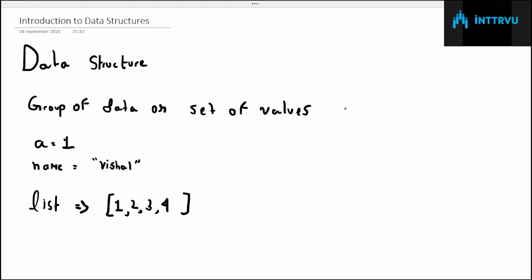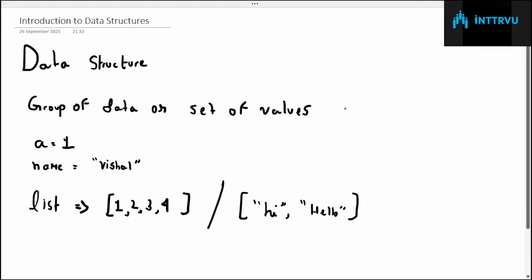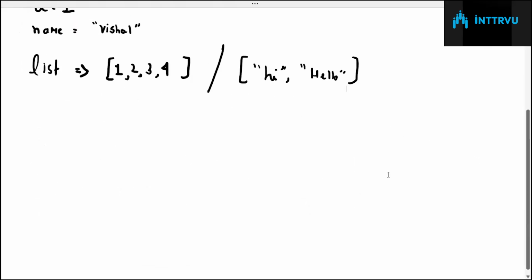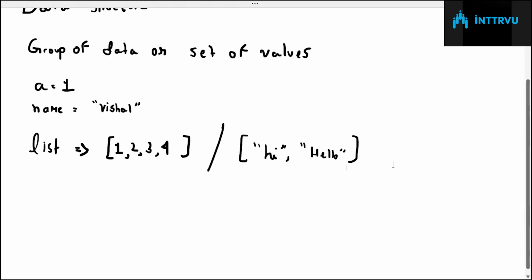Or you can store a bunch of strings like hi, hello, whatever, right? So that's the main difference between a variable and a data structure.